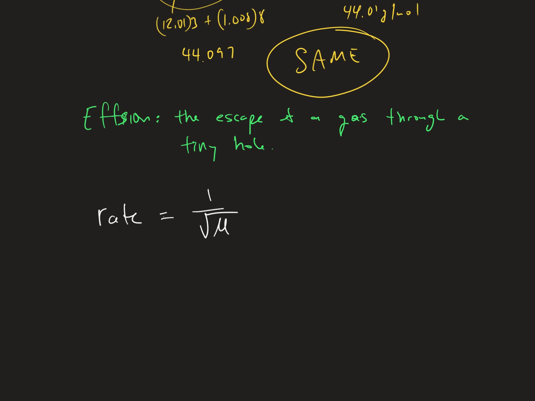Now, does that have to be measured in kilograms per mole? What do you think? It does not, because there's nothing for it to cancel out with, right? And that's the only reason why we changed it to kilograms per mole, to cancel out with kilograms and leave us with meters per second.